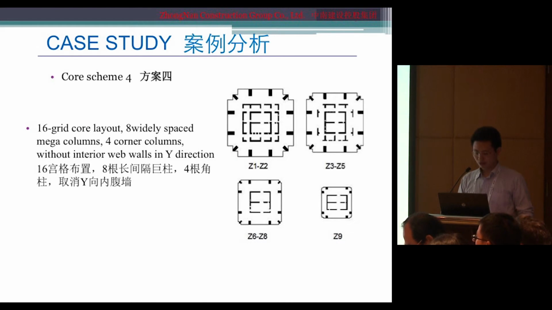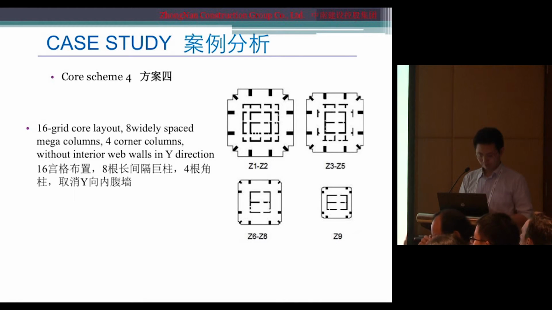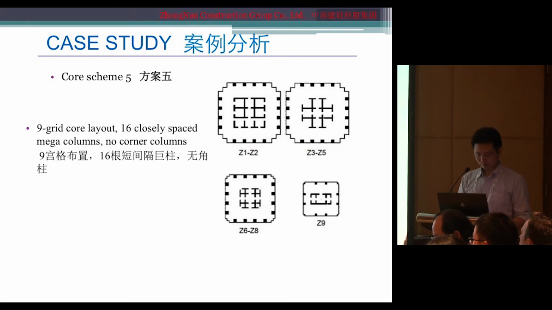And this is the fourth proposal, which is also based on the first proposal, but we removed the secondary walls in the Y direction. And this is the fifth proposal, a 9 grid core layout. We have 16 mega columns, but no corner columns.